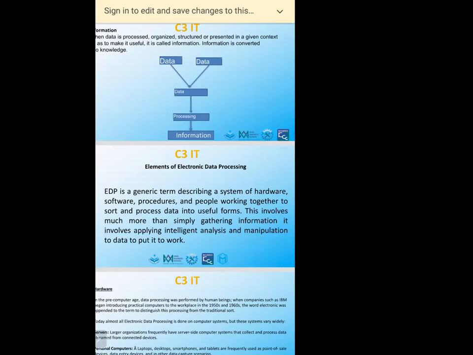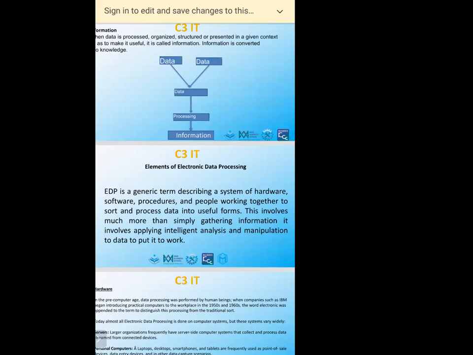You will have your assistant, your EDP manager, and all the people. You will give training on the software, and they will enter all the data. These people all together are called electronic data processing.